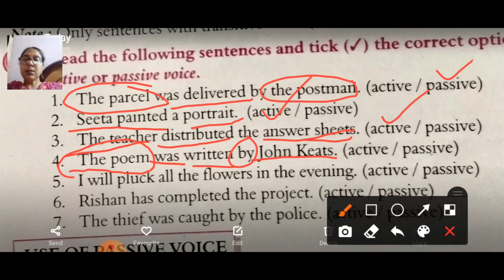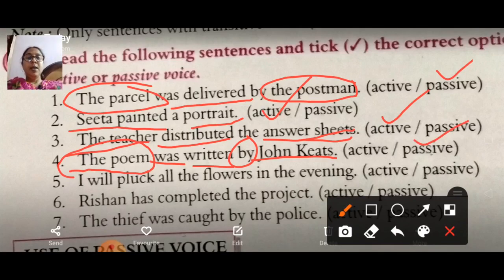Now in this sentence you can observe that the object becomes the subject, and then the auxiliary verb was, and written, the third form of the verb, by the preposition, and after that John Keats. So this is a passive voice sentence.